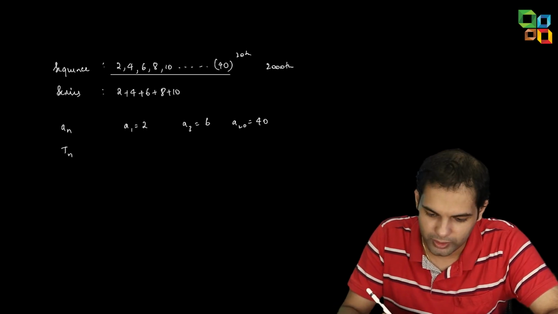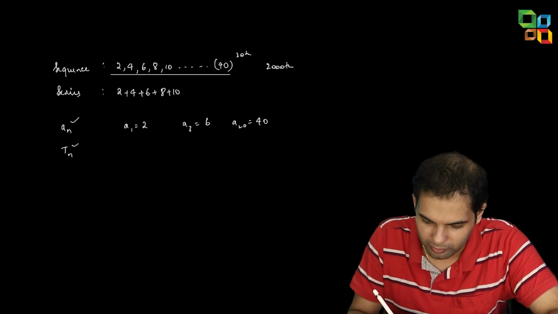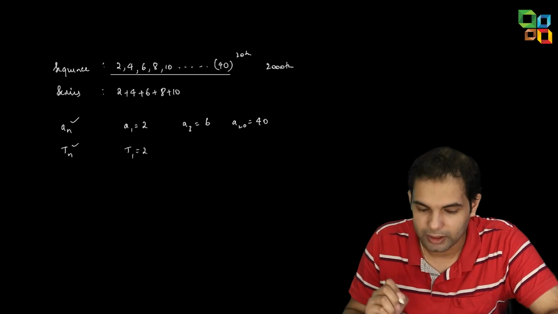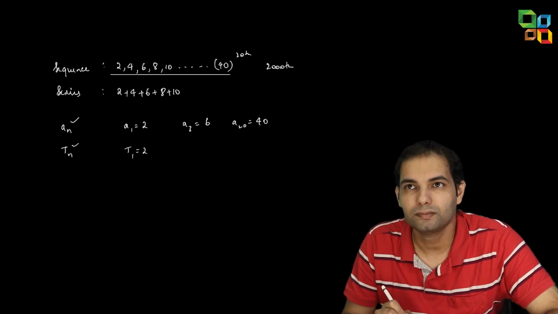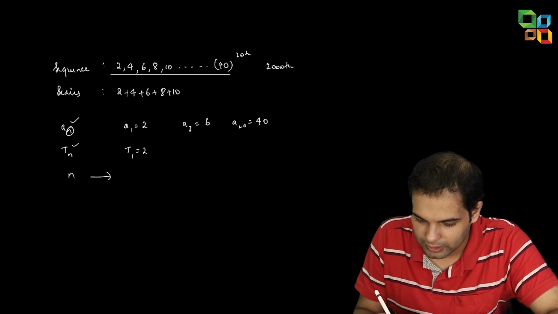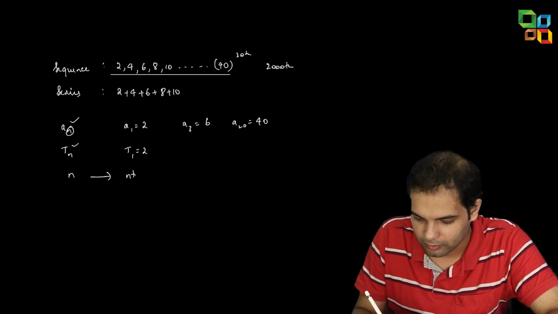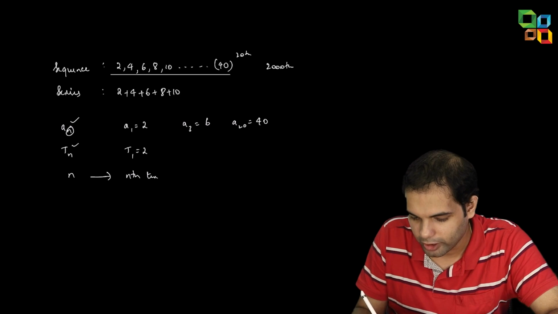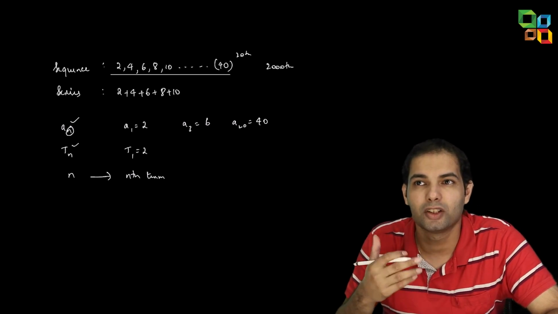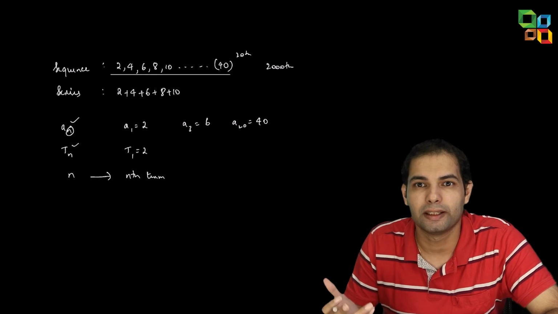The usual notation is a_n, but t_n also means the same thing. So t1 is 2. What is this n? n denotes the nth term which I'm talking about. If I'm talking about the first term, I'll say a1, or whenever I say n equal to 10, that means I'm talking about the 10th term.